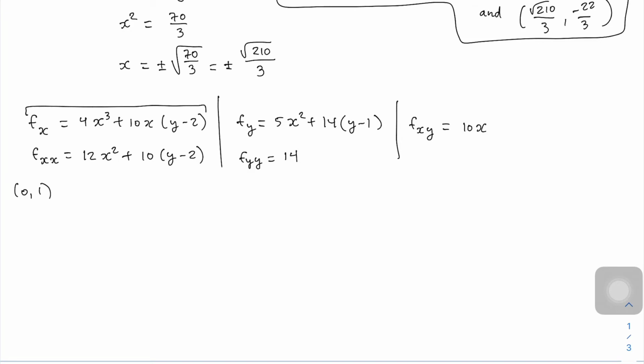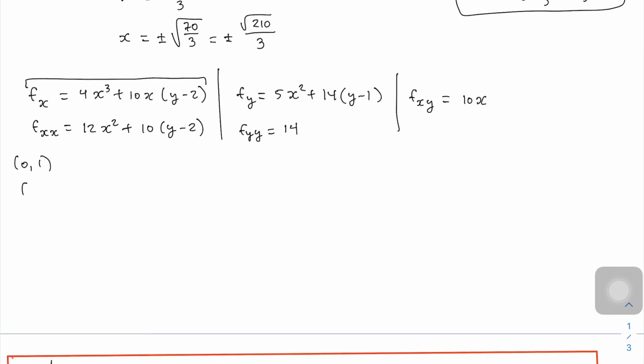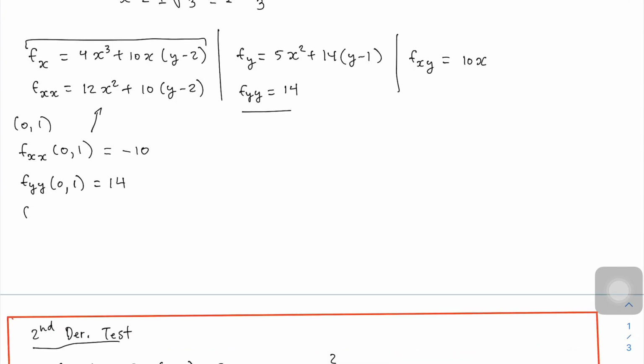Now that we have these 3 elements, we need to evaluate at our critical points. So let's start with the first one, (0, 1). So we just plug it into this equation, and we are going to get negative 10. Same thing here. fyy is 14 no matter what. And the third one, you get 0.